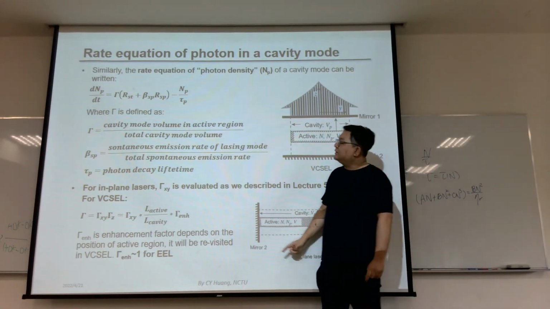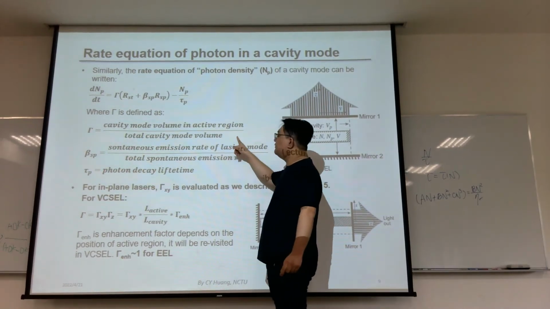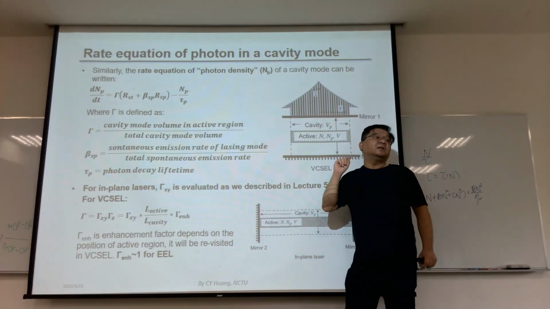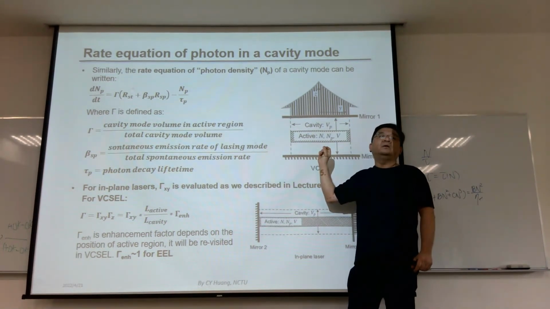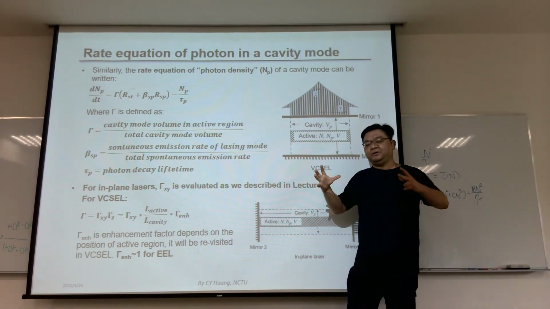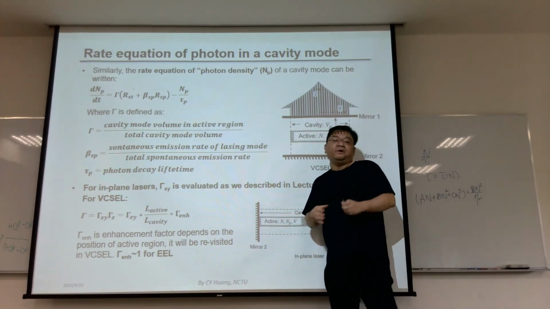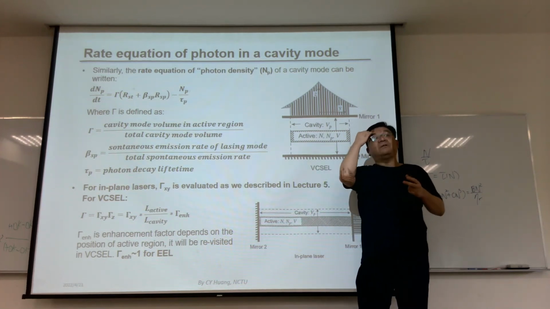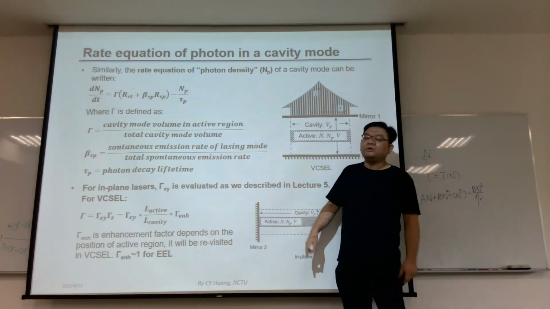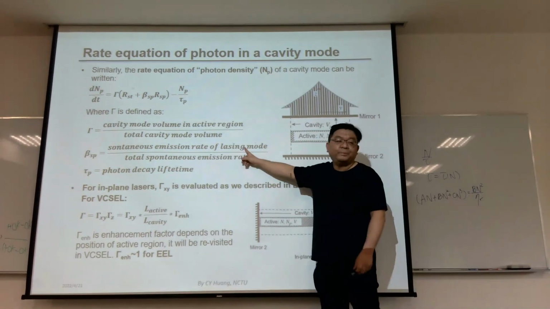So in this case, your beta SP will be 1 divided by 1 million. Then it will be a pretty low value. The reason is that your cavity is so large, so you have many optical modes. However, if you have a very small cavity, and there are only very few available optical modes, then this beta could be close to 1.